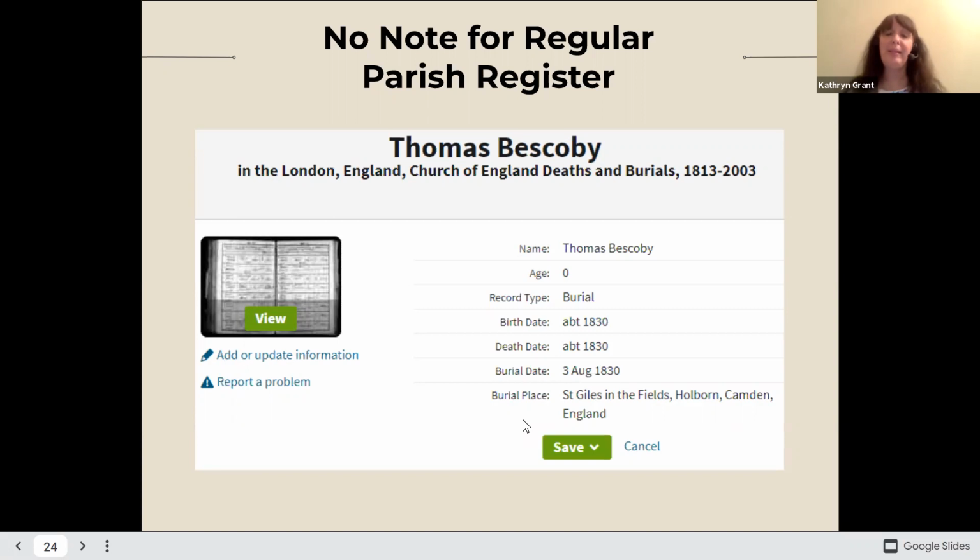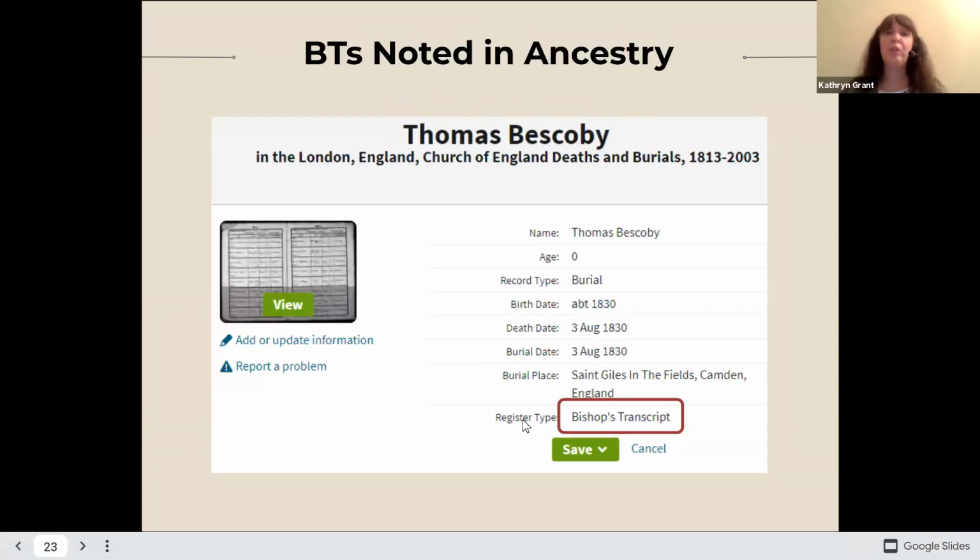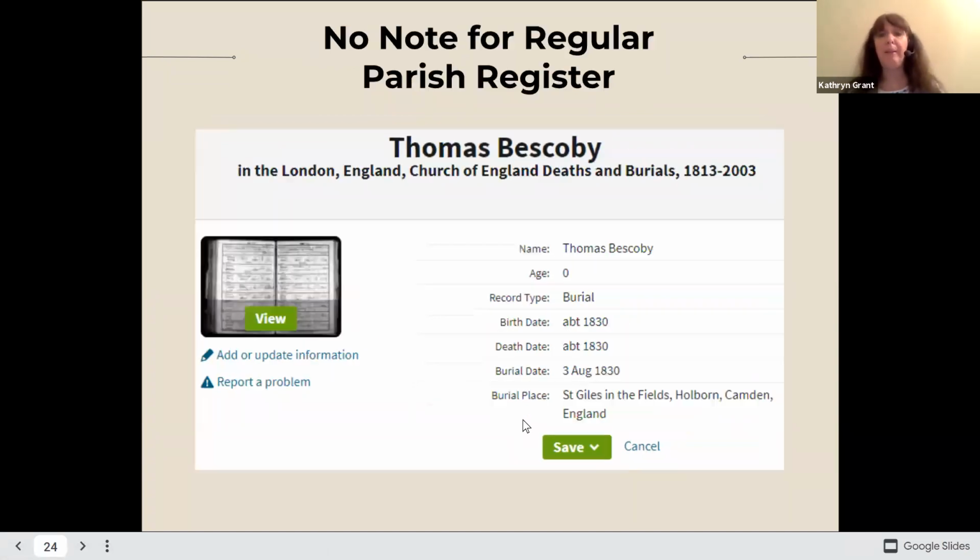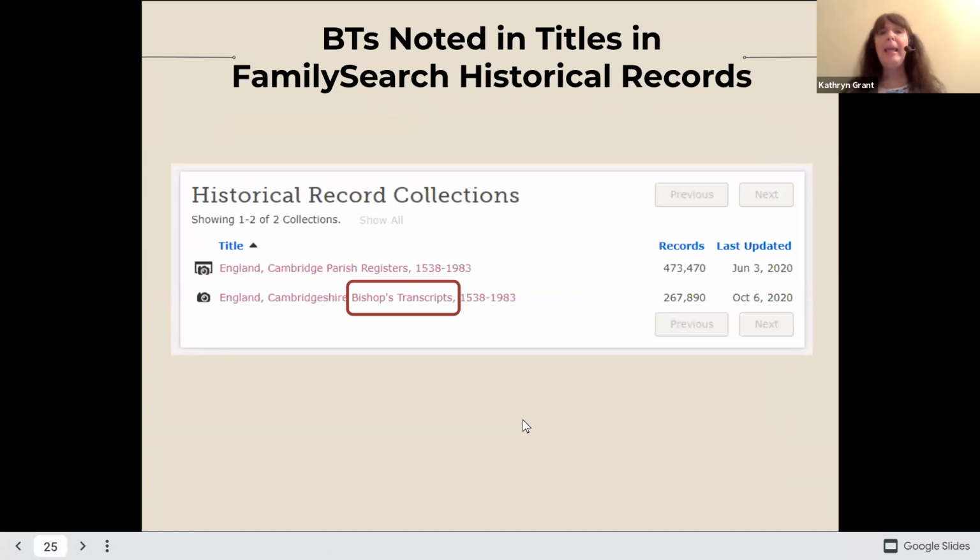But you're pretty safe to say those are original parish registers. But if there's a register type listed of a bishop's transcript, then you know those are copies. In FamilySearch historical records, they also make it easy because they put it right in the title. So if the title doesn't say bishop's transcripts, chances are very strong that you're looking at original records. If it says bishop's transcripts, then you know it's a copy.